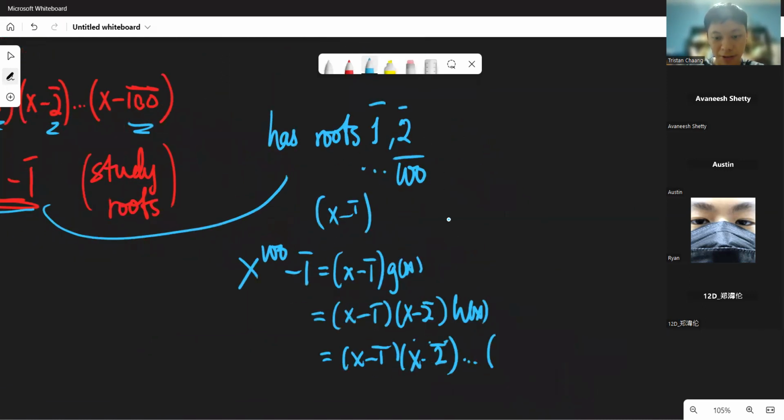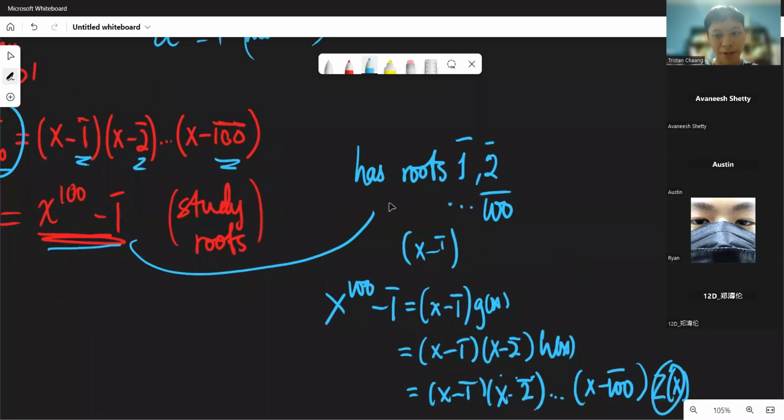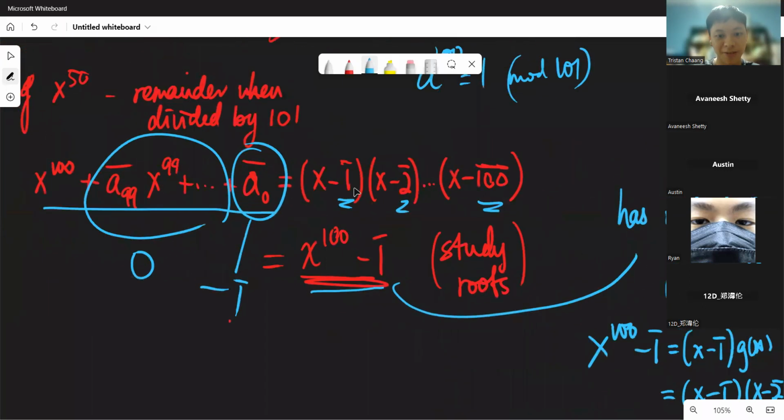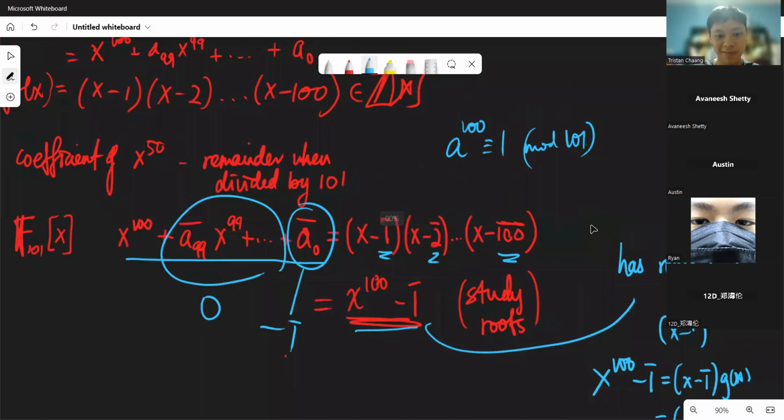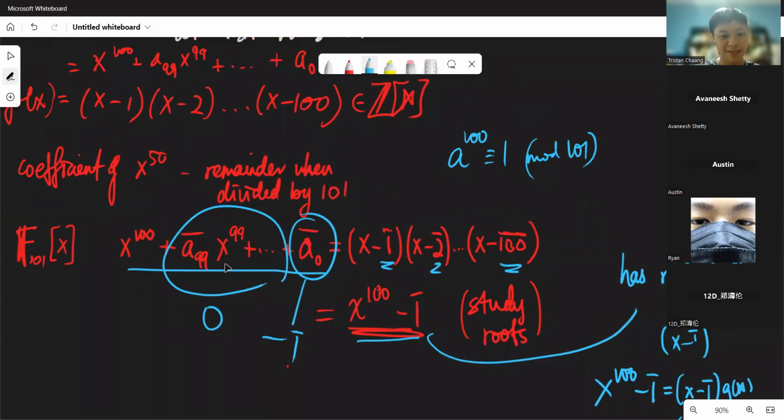But this polynomial can only be a constant now, by comparing the degrees. Well, it must be 1 by comparing the leading coefficients. So these two polynomials are the same. And yeah, so now you can conclude everything in the middle is 0 and the thing at the back is minus 1. Anyone else does not understand this?